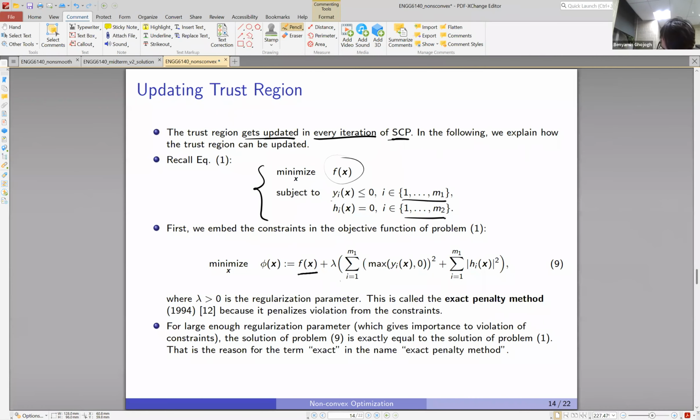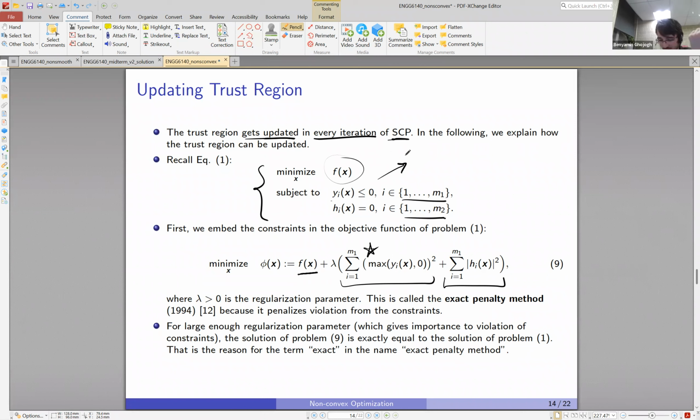This is the inequality constraints, and this is the equality constraint. And do you remember this technique? We introduced that, I think, in the sessions about distributed optimization.